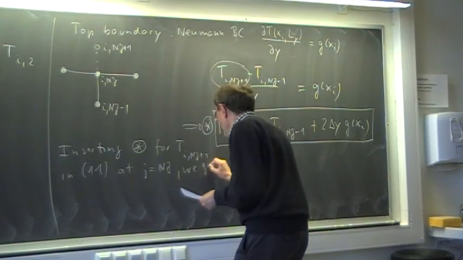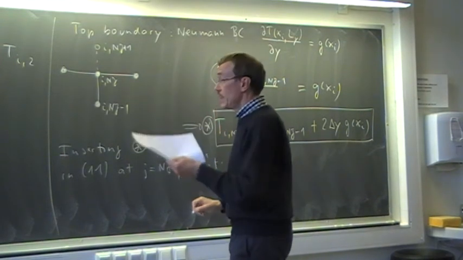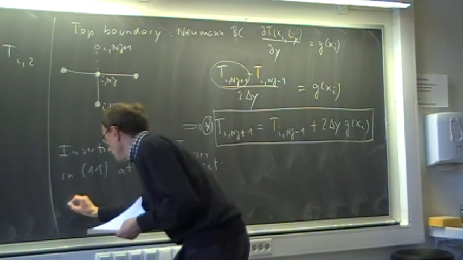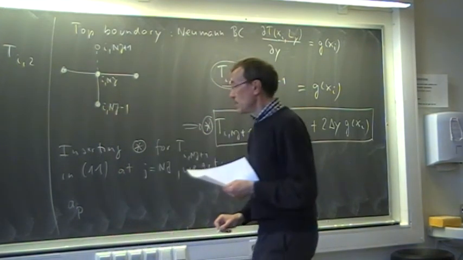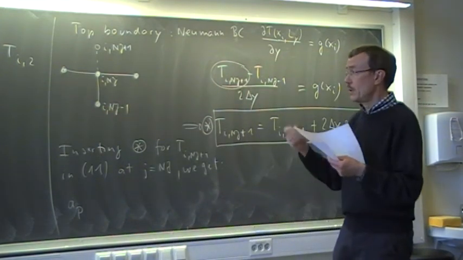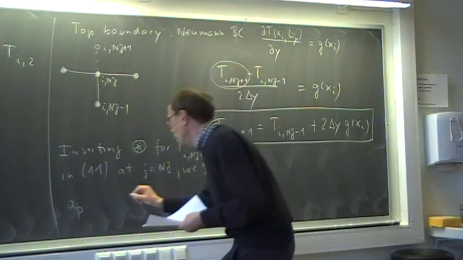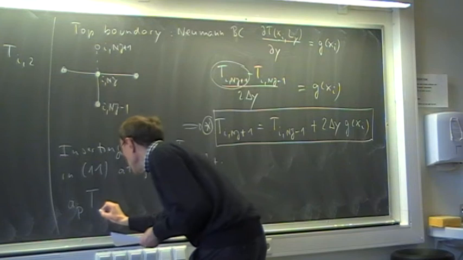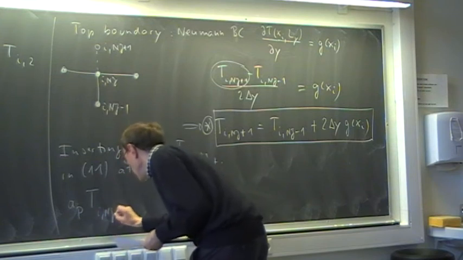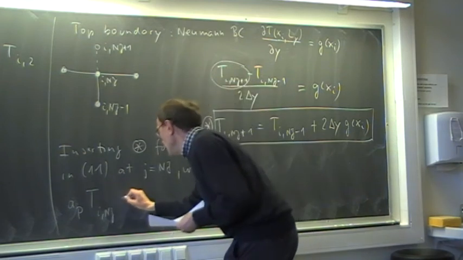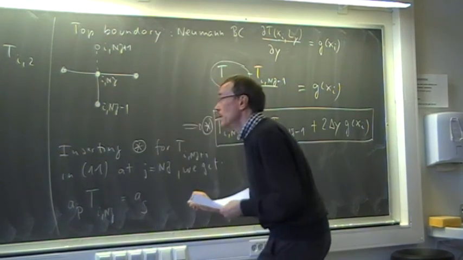Now we write again our discrete equation approximating the Laplace equation. We are here at the top boundary, so we have nj, that is equal to the as.